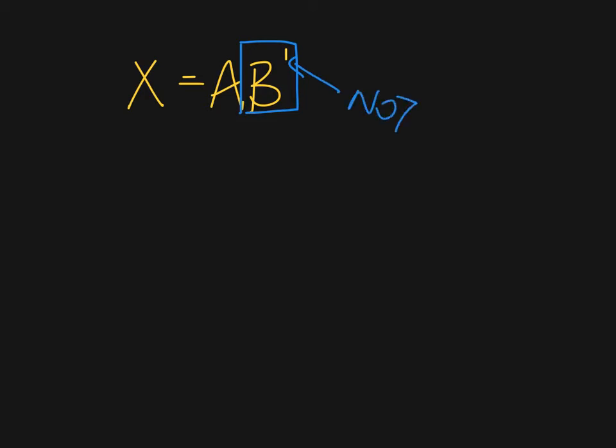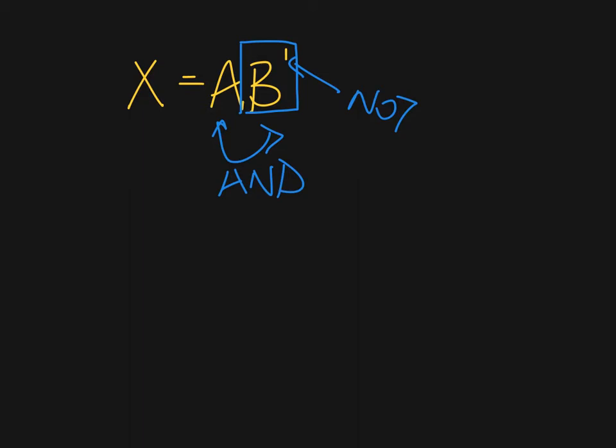So our next example is X equals A, B with a little apostrophe. And again, we want to interpret this correctly. Well, the first thing to notice is that this B has this not symbol on it. So the B will have to be inverted. And the two terms are multiplied, which means it's an AND gate.